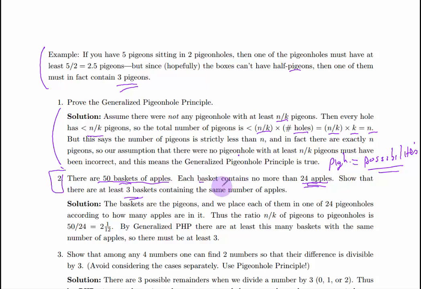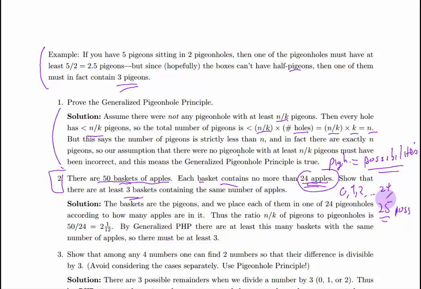Well, 50 baskets of apples. Each basket contains no more than 24 apples. Those are the possibilities. You could have 0 or 1 or 2, all the way up to 24 apples. There's 25 possibilities for each basket. Each basket could be one of these 25 possibilities.